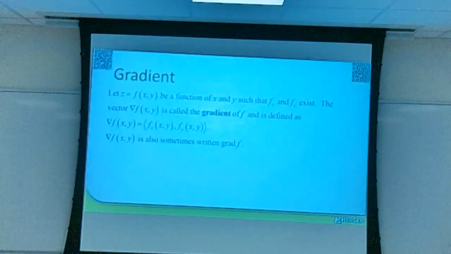Is this what they mean when they say gradient descent? Doubt it. I think it's a different gradient, not the actual mathematical operator. This is called the del operator.